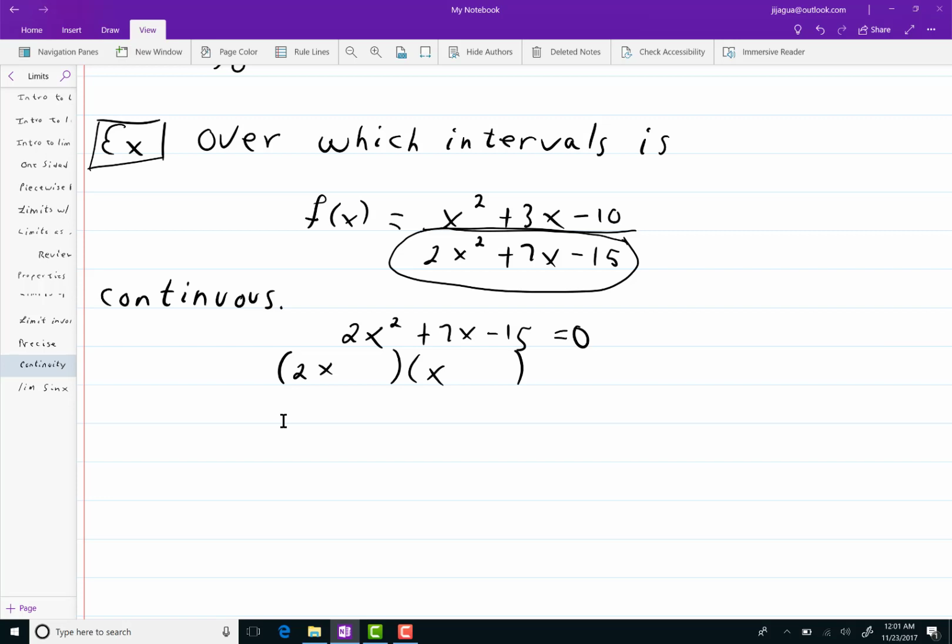I need to have a 15 come out when you multiply the last parts in the FOIL method. So the only way I can do that is a 1 and a 15 or a 3 and a 5. If I put the 1 and 15 in here, at some point I'll have 15x, and that'll make either 16x or 14x, which is not going to work for me.